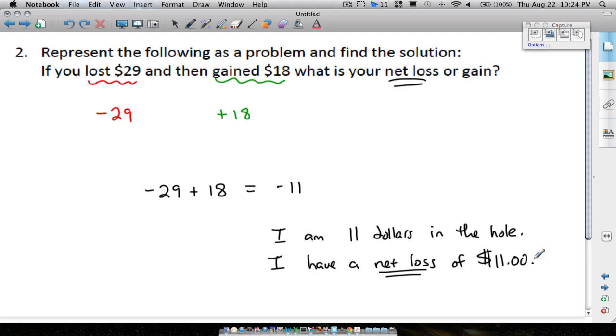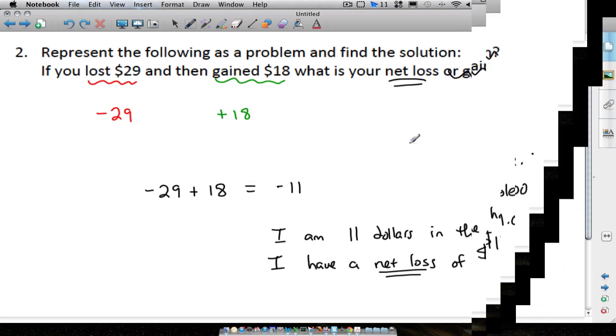Either way you look at that, I would accept either one of those answers, but since it does say what is your net loss, you do have a net loss of 11. You don't have a gain because, like I said here, you lose more than what you gain back.